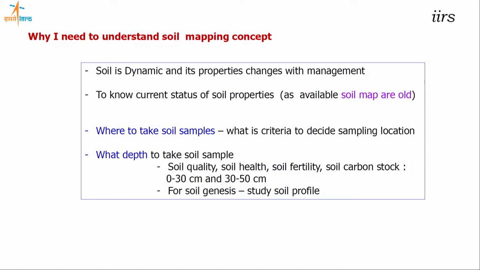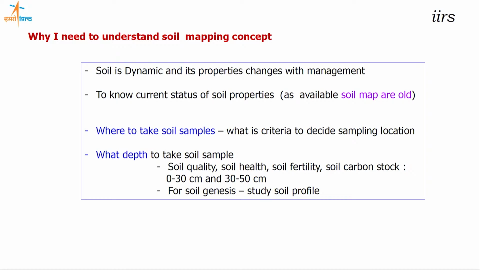Now, if the soil maps are available with the National Bureau of Soil Survey, or the Soil and Land Use Survey of India, then the question comes, why do I need to understand the soil mapping concept? The reason is that those soil maps are old. Suppose a 250,000 or 500,000 scale soil map prepared by NBSS and LUP was surveyed during the 1980s.